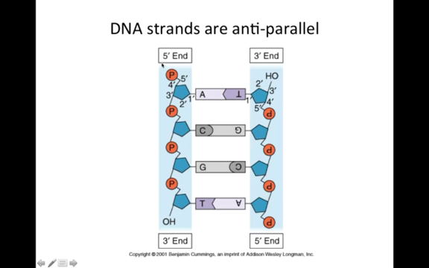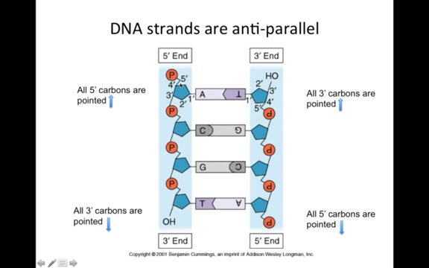And so if we look at this, on this end, we would call it the 5' end because we have a 5' carbon at the top here. And we say that this is the 3' end because if you look here, we have a 3' carbon on this side.